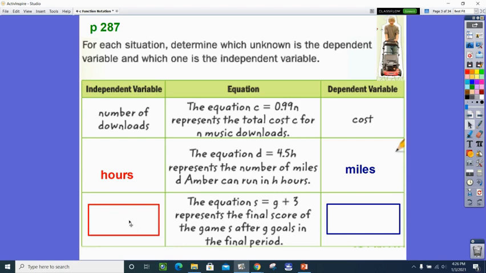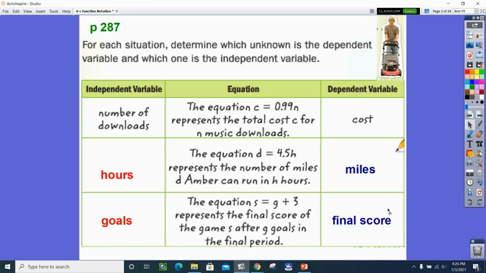What is your independent variable and what is your dependent? In this case, the goals in that last period is the independent variable that when added to 3 will give you the dependent variable, which is the final score. So each of the dependent variables waits and depends on what happens to the independent variable.